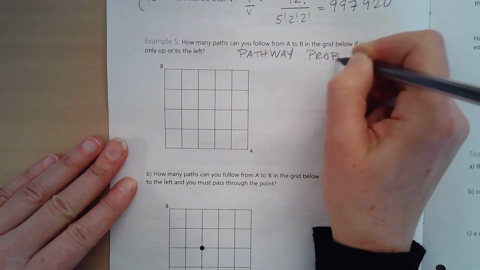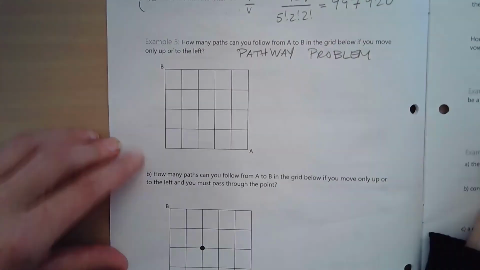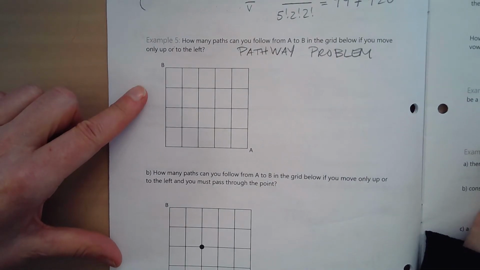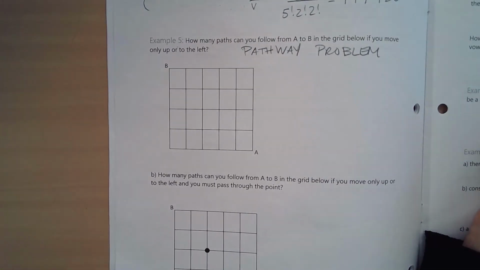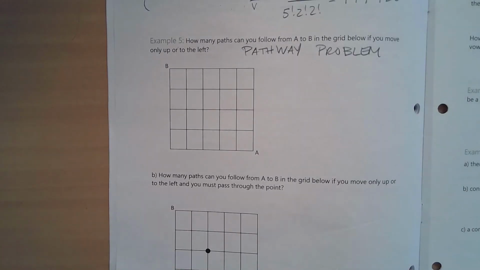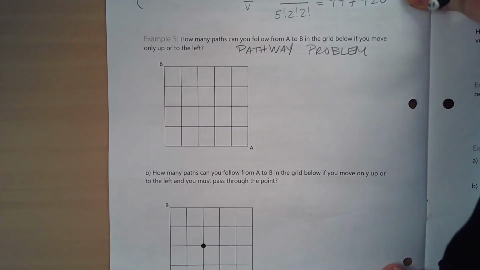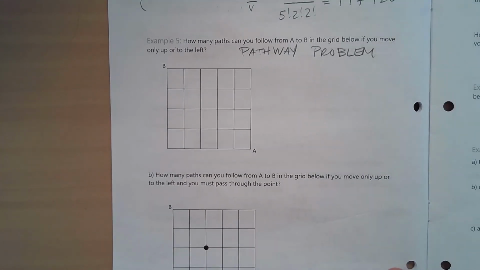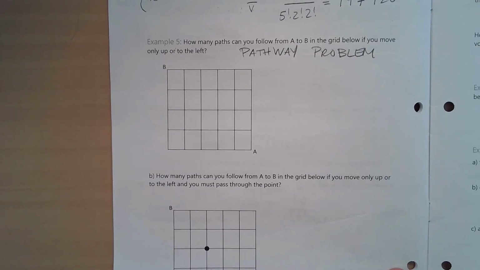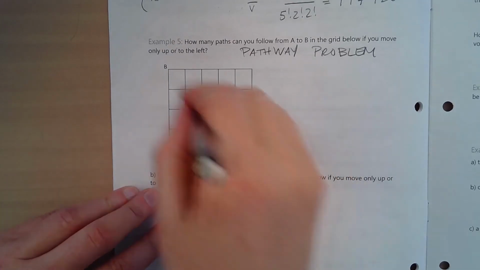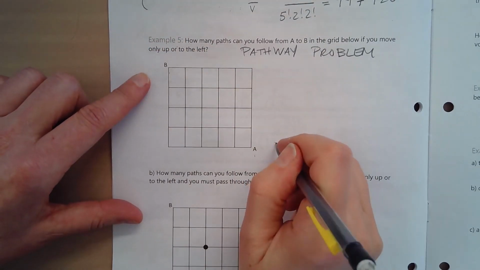It has definite implications in computer science studies, like John, you've referred to before, when you're making code and trying to make connections and answer questions and have defaults. This is the type of thinking found in computer science, so we're going to take this on a very minimal level. It says, how many paths can you follow from A to B in the grid below?